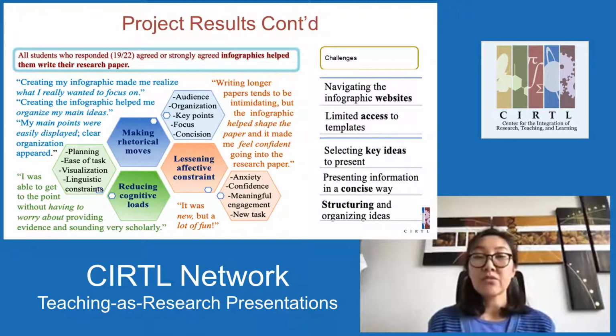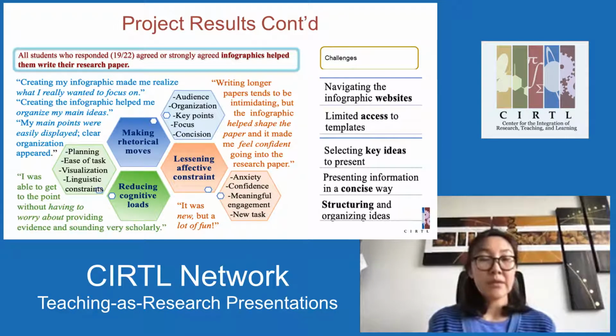Analyzing their open-ended reflections and survey questions, I identified three major themes: making rhetorical moves, lessening affective constraints, and reducing cognitive loads. Most of the students reported things like the infographic helped them organize their thoughts, identify key points, find the focus, and express their ideas in a more concise form.